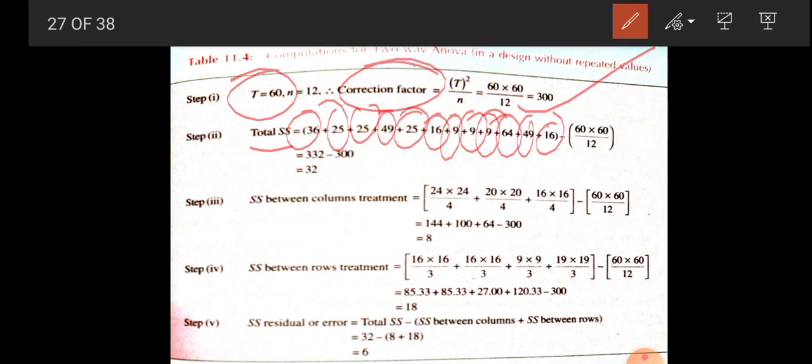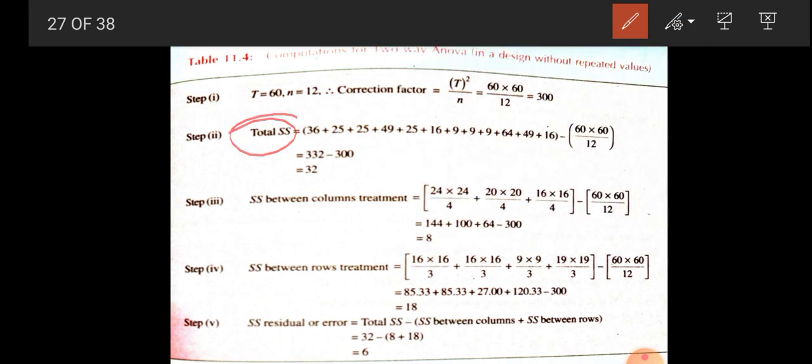The sum of all these is 332, minus the correction factor. The formula for total SS is this only: you do the squares and subtract the correction factor. So 332 minus 300 is 32.